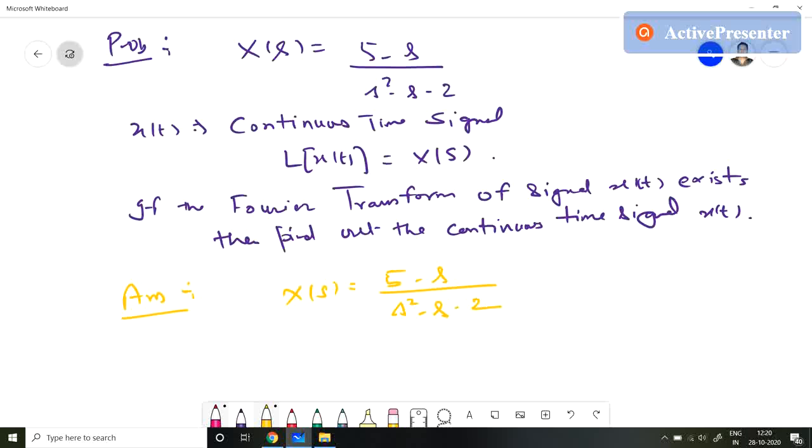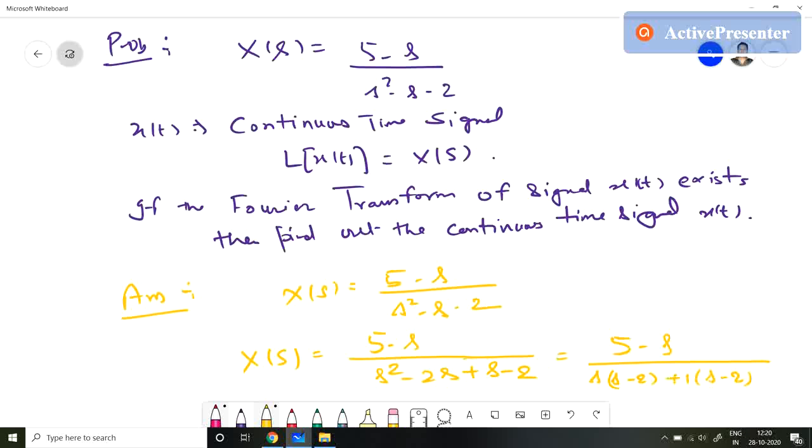So by doing the partial fraction analysis, we can simplify this. X(s) we can write as (5 minus s) divided by s squared minus 2s plus s minus 2, taking s common, s(s minus 2) plus 1(s minus 2).